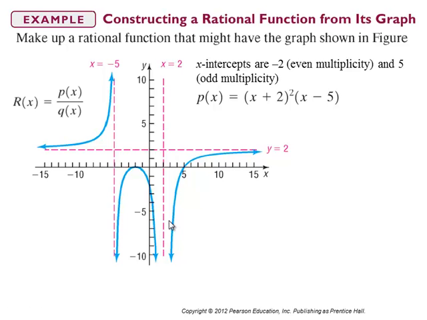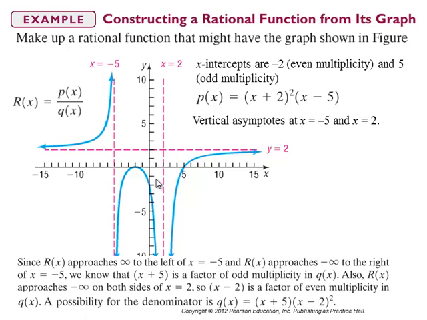They both, well, the graph goes in the same direction coming from both directions. So that means x plus 5 for this one here, and x minus 2 squared for this one.